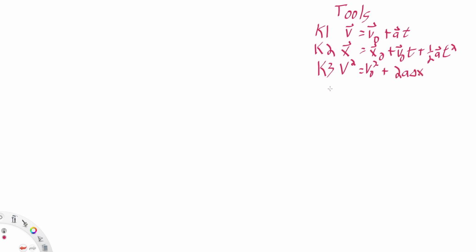We also have centripetal acceleration. So for things moving in a circular motion, their net acceleration has to be equal to v squared over r, and it's going to be toward the center.